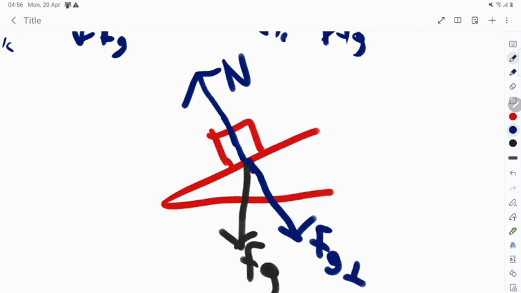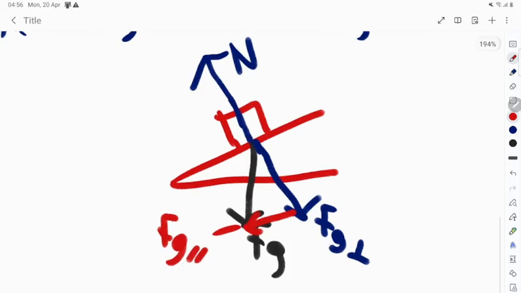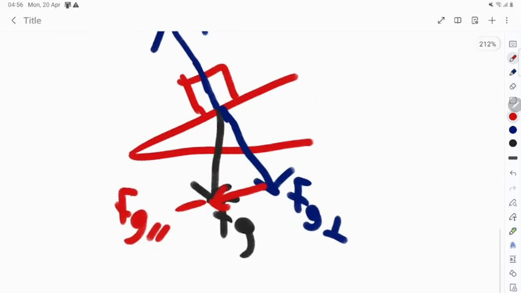Fg perpendicular. Now, after that, you'll have another component in this direction, and this one we call Fg parallel. So those are your components of gravity: Fg perpendicular, Fg parallel.